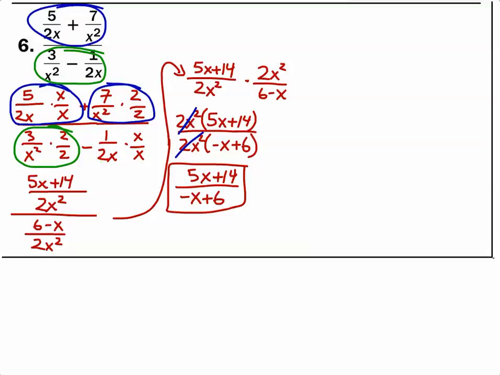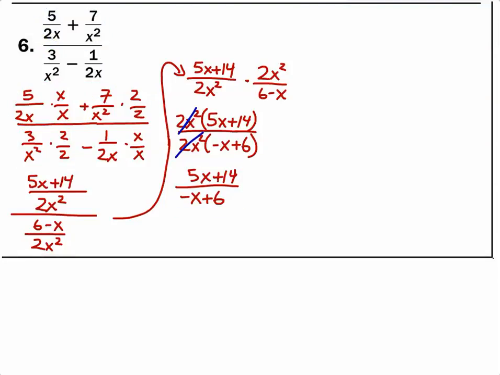And both ways, you end up with 2x squared as your denominator. In the case of the numerator, it becomes 5x plus 14 over 2x squared. In the case of the denominator, it becomes 6 minus x over 2x squared. Once you've got that, you want to flip and multiply.